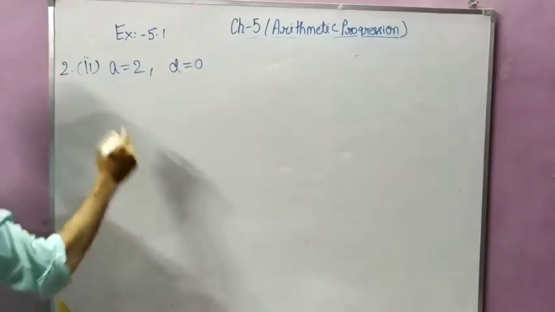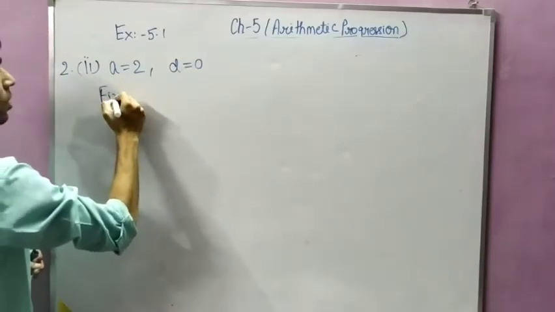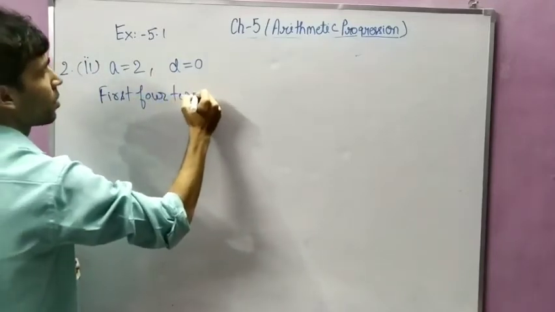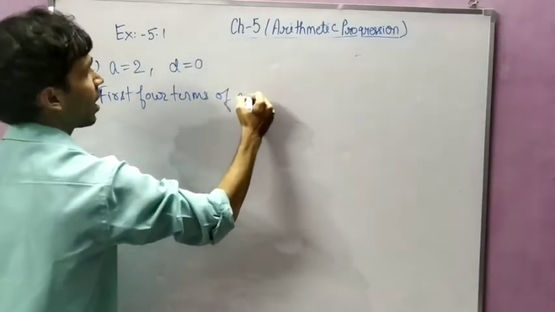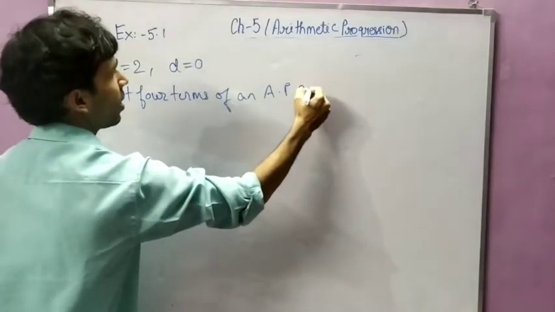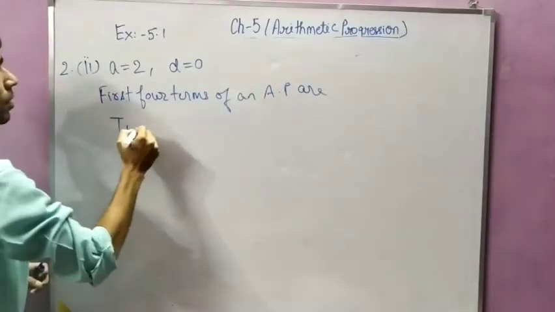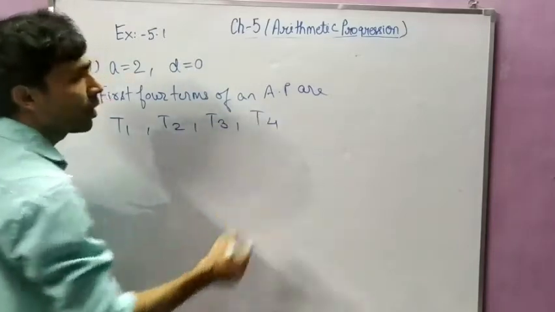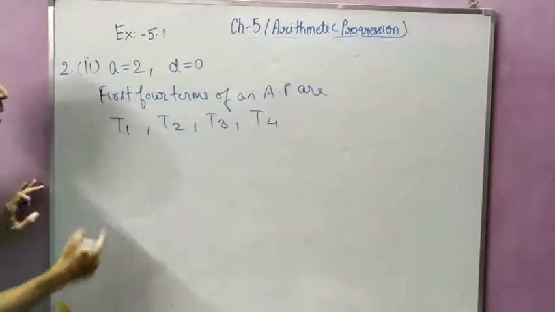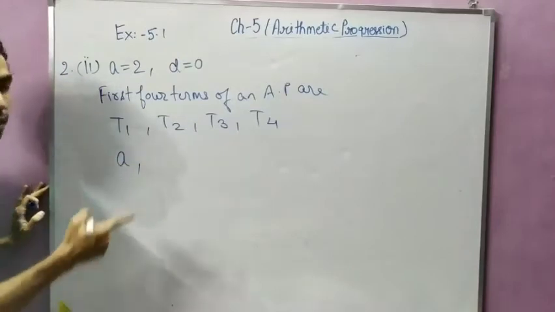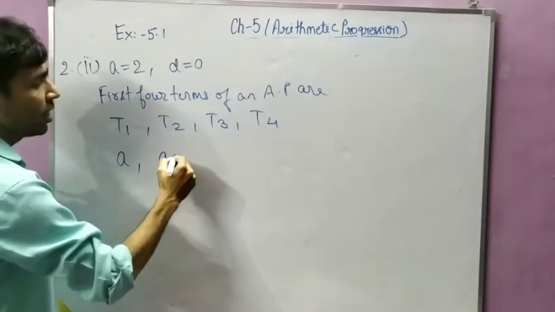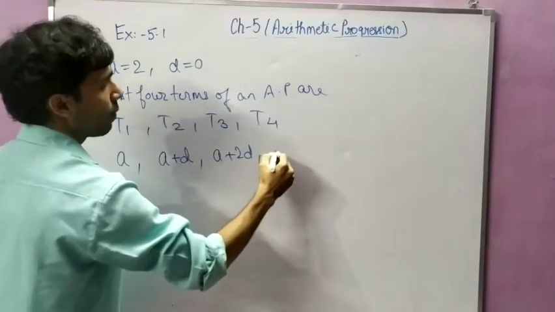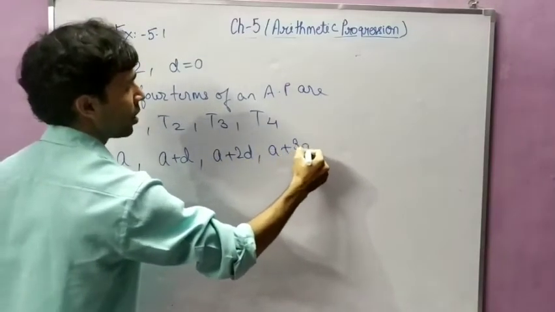So the first 4 terms of the AP are T1, T2, T3, T4, because we have to write only 4 terms. The first term is denoted by A, the second term I told you is A plus D, the third term is A plus 2D, and the fourth term is A plus 3D.